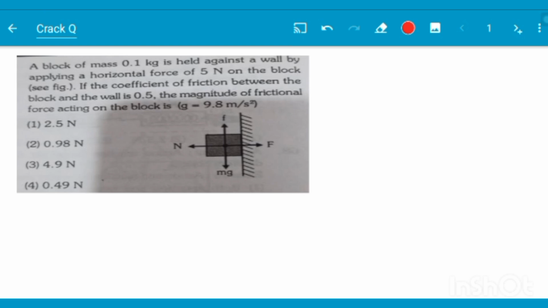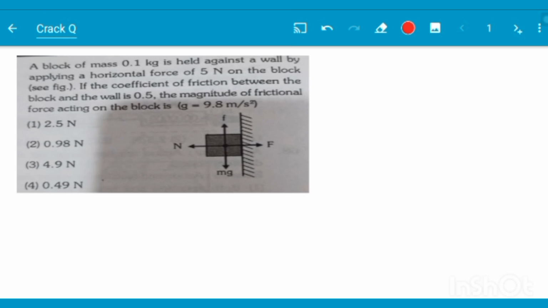I can explain this by taking an example. If I give a force of 10 Newton, the static friction will be 10 Newton. When I apply a force of 30 Newton, the static friction also keeps changing to 30 Newton. Then the point where the static friction changes to kinetic friction, take an example as 80 Newton.